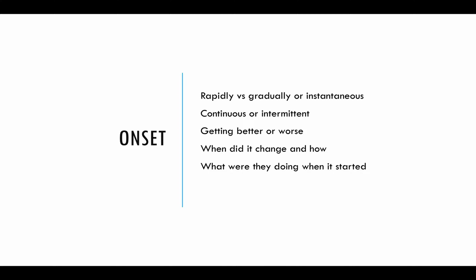The next thing is what they were doing when it started. These are things we often ask with, for example, cardiac chest pain: were you exerting yourself when the pain started? Were you just sitting at rest? But it's important with abdominal pain as well. Were they straining on the toilet? Were they running around? Were they lying in bed? All those things are important to know.